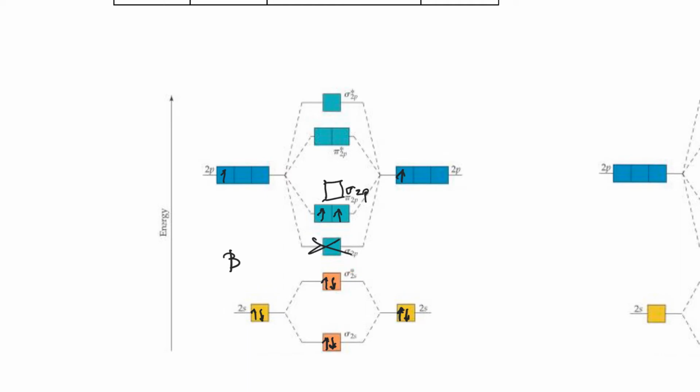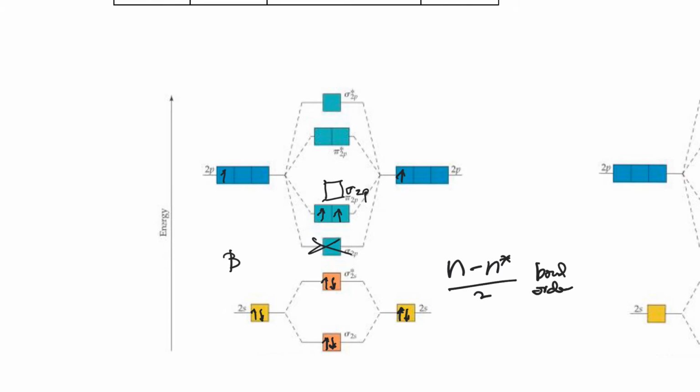So you add up all the electrons in the bonding orbitals, subtract the ones in the antibonding ones, and divide by 2 since you have one on each side. So it would be n minus n star over 2, and that's called the bond order.